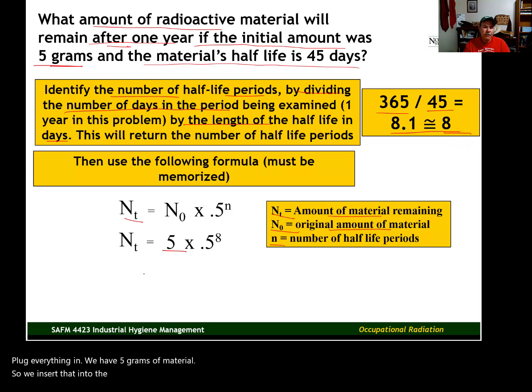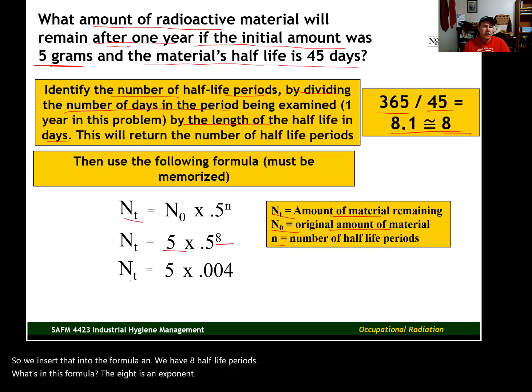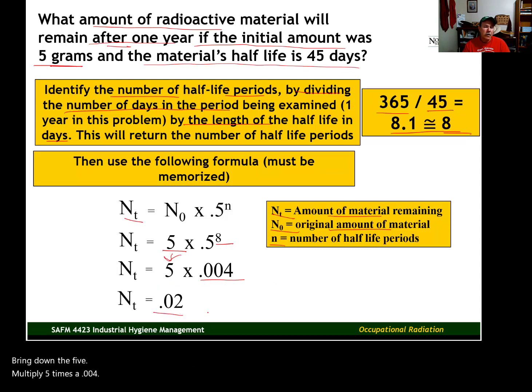And we have 8 half-life periods, which in this formula, the 8 is an exponent. So 0.5 to the 8th power is 0.004. Bring down the 5. Multiply 5 times the 0.004. We end up with 0.02 grams of material remaining after a 1 year period. And that's assuming the 45-day half-life.